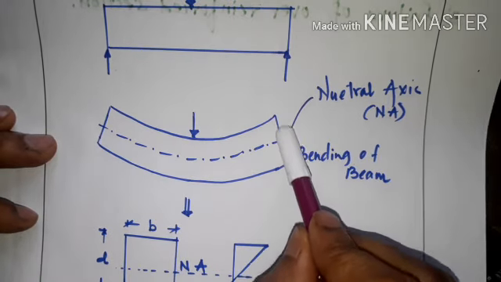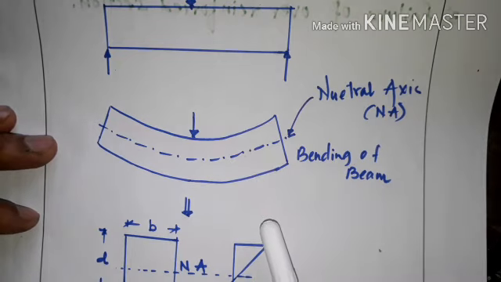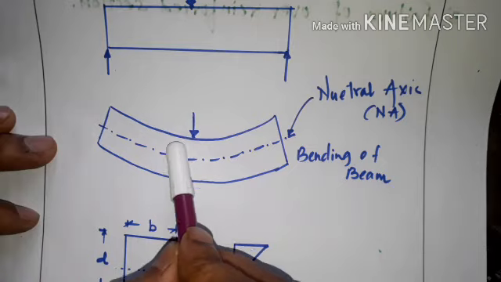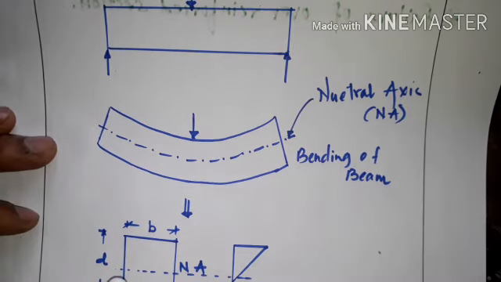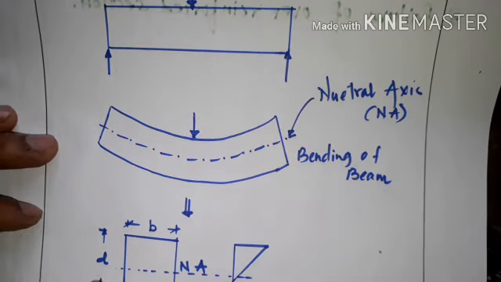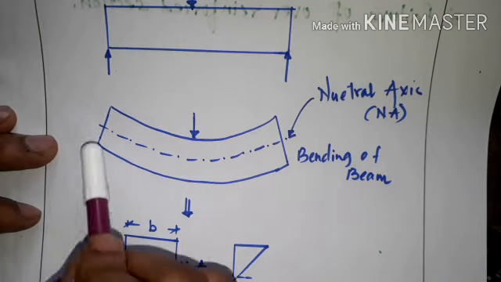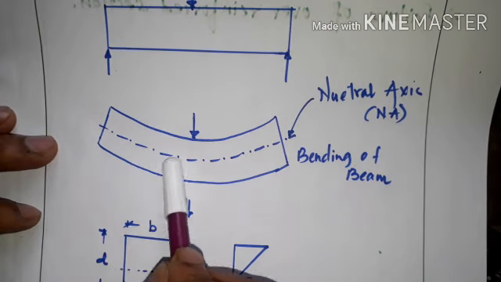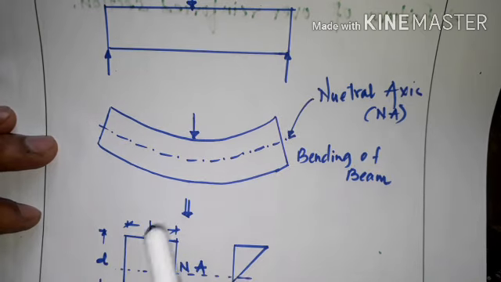the fibers above the neutral axis are subjected to compression, and the fibers below the neutral axis are subjected to tension.